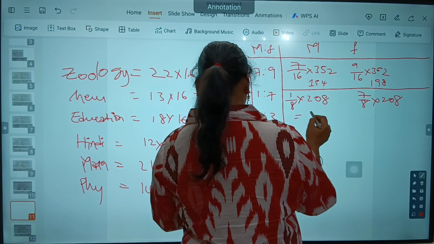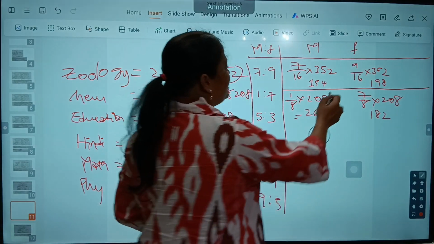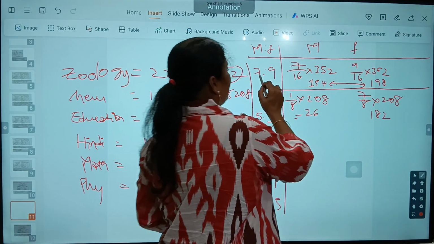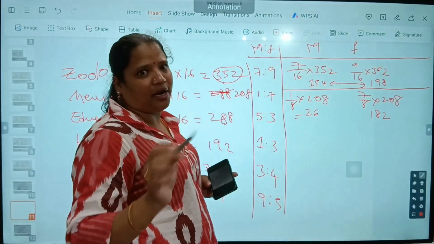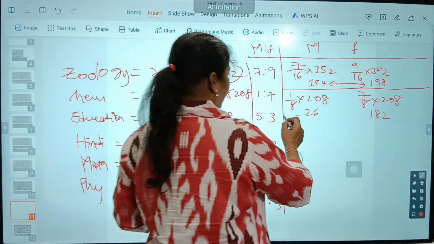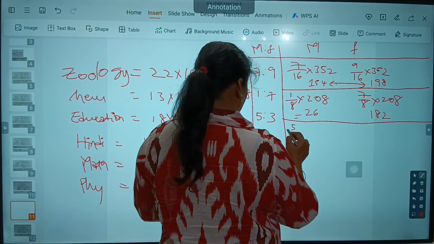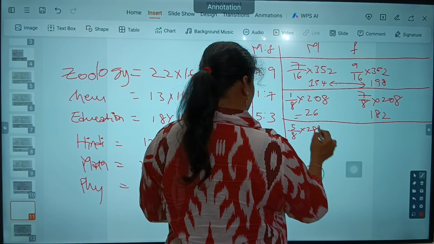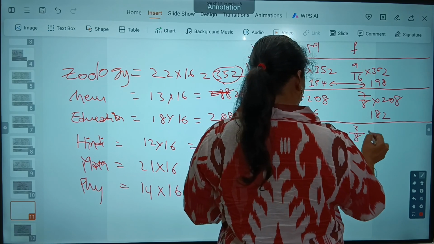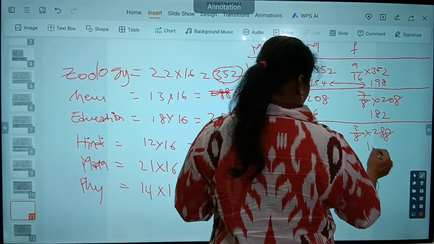So the final values are 26, 182. Again you have to add these two values. You have to check whether this value is coming or not. Otherwise you made some error in the calculation. Again you have to do it. Okay. And the third thing is 5 by 8 into 288, 3 by 8 into 288, means 180, 108.